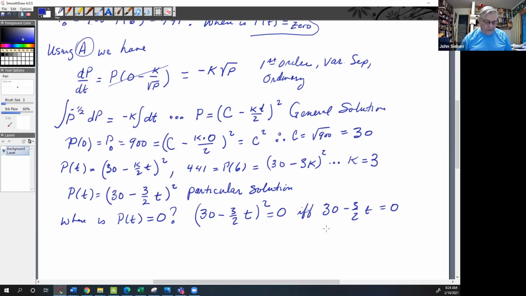And this is easy enough to solve for T. And we find that T is at least approximately equal to 20, about 20 weeks.